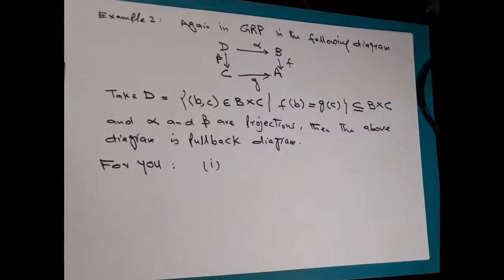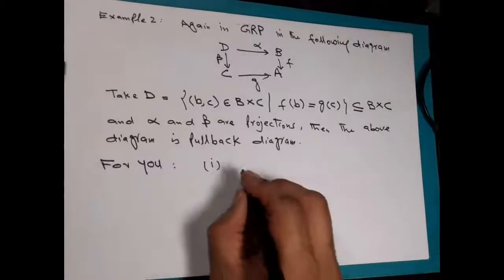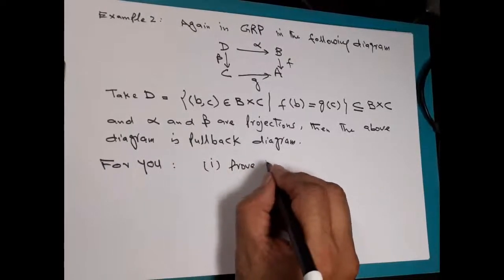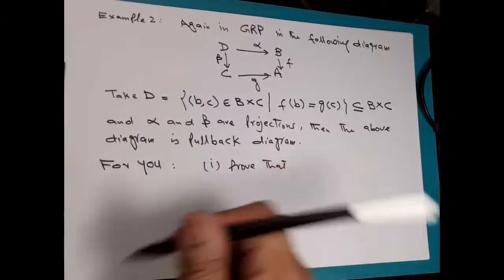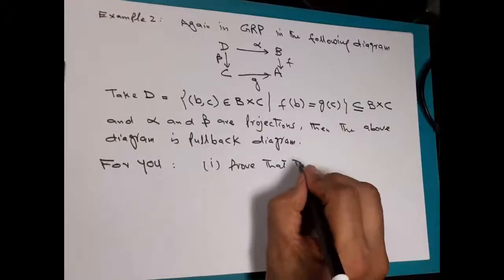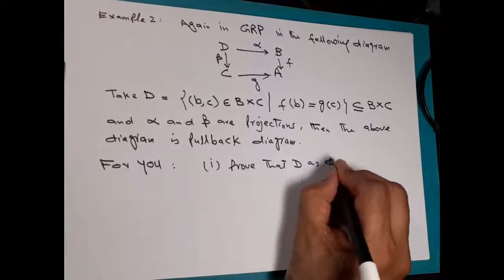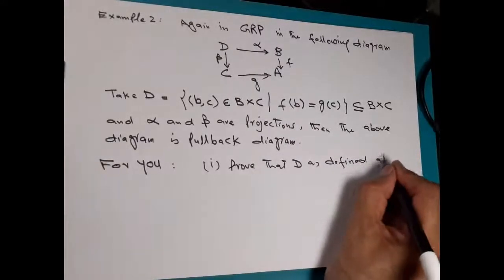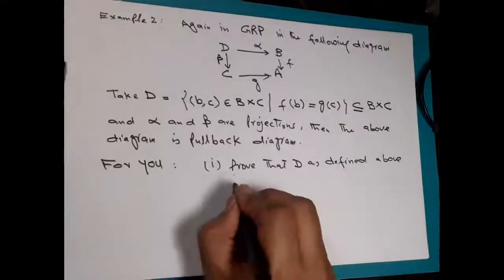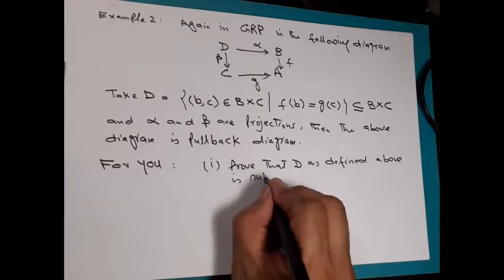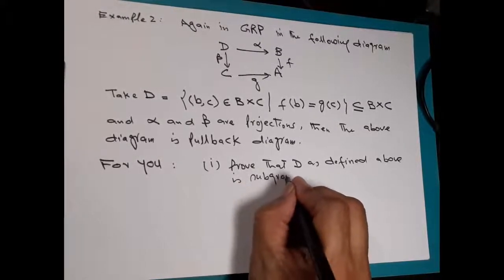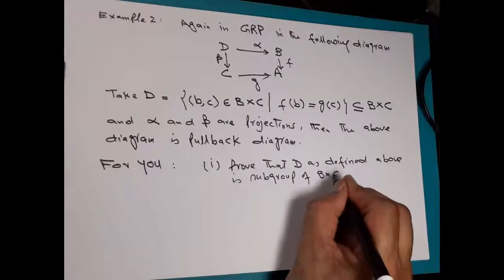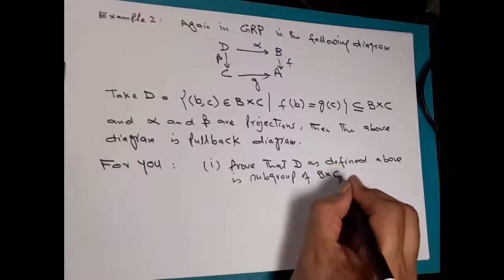So first of all, I think it is advisable to prove that D as defined above is a subgroup of B cross C. This is one of the things you must do.